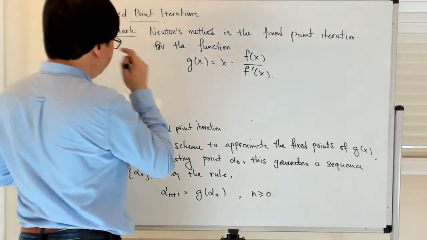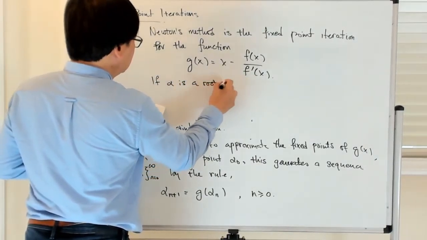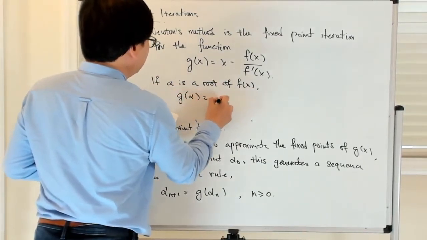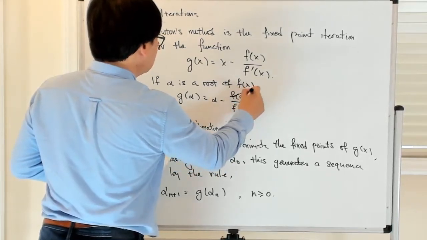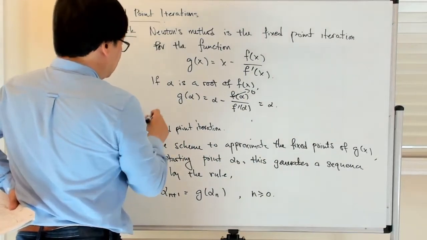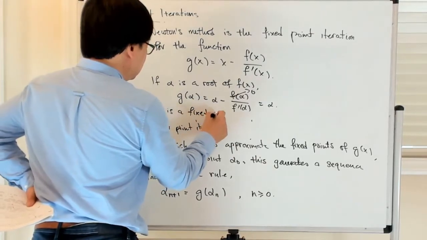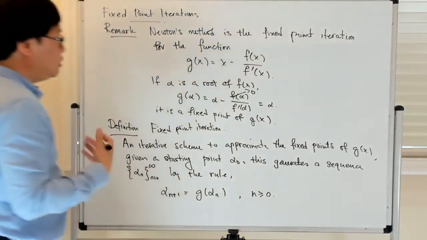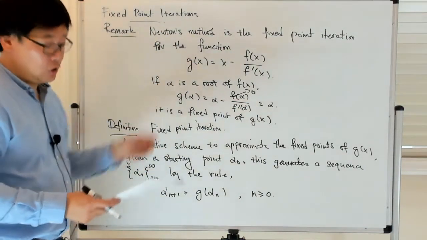And it's easy to convince yourself that if alpha is a root of f of x, then g at alpha is alpha minus f alpha divided by f prime alpha. This vanishes, so that's just alpha. So if alpha is a root of f of x, it is a fixed point of this g of x. And the Newton iteration, or the Newton method, is just the fixed point iteration for this function g.